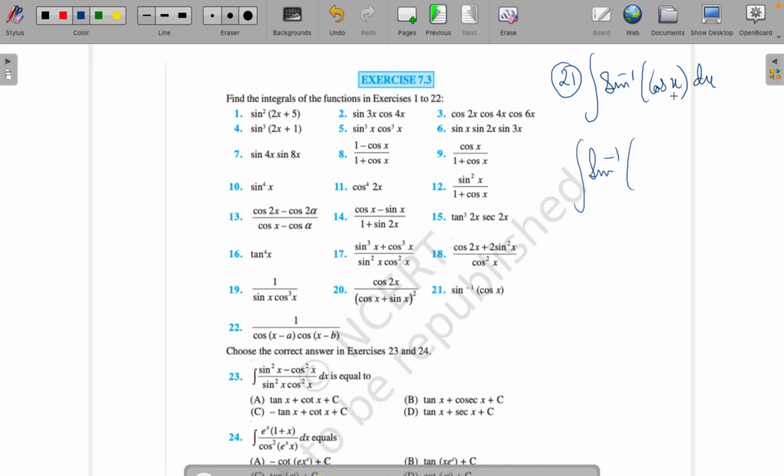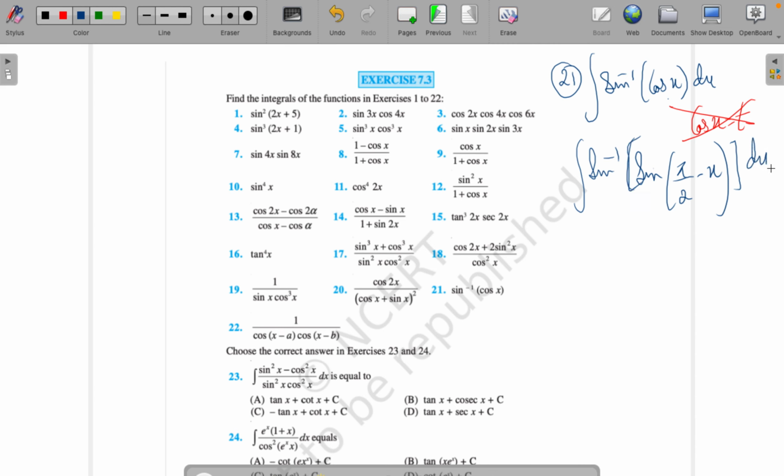Children, you can't use substitution. Again, a mistake is many children try and say put cos x as t. But if we put cos x as t, there is no term as sin x. So we cannot put cos x as t. We can't use the substitution method. But you know that using the quadrant formula, sin of 90 minus theta is cos theta.